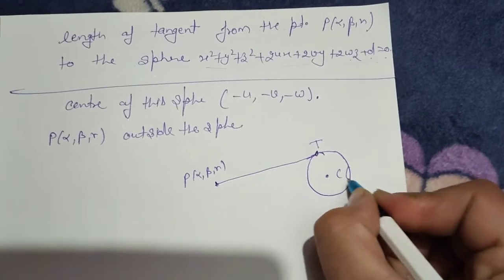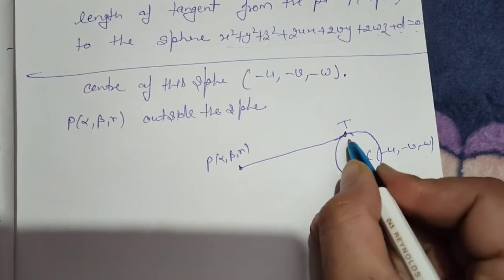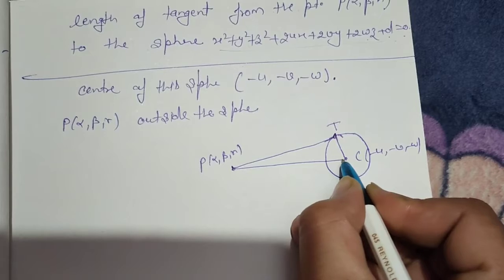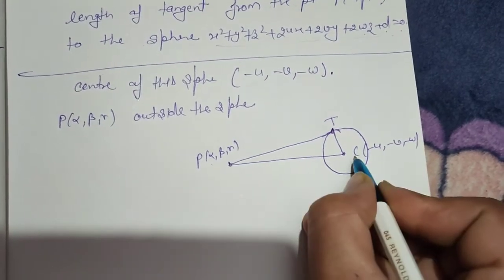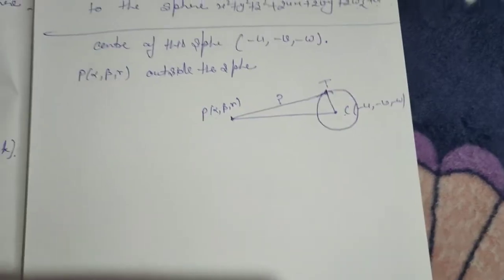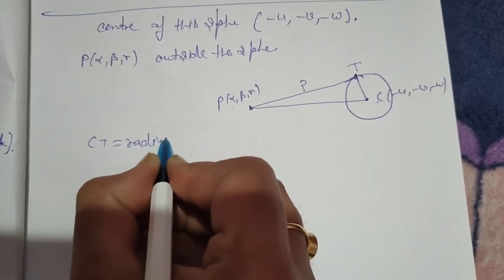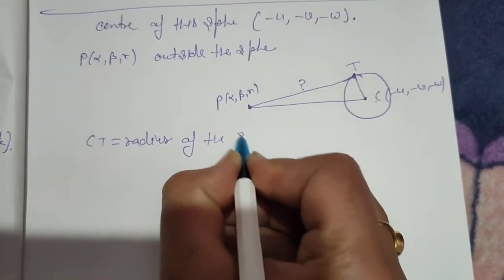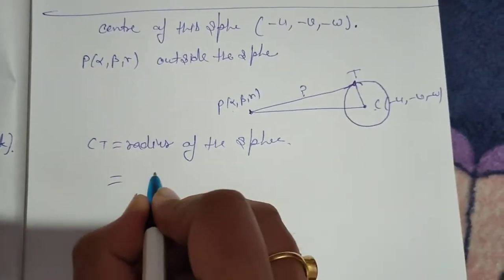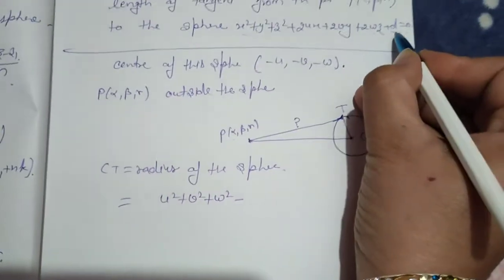This is the center of the sphere C (minus u, minus v, minus w). CT is the radius of the sphere, the square root of u square plus v square plus w square minus d.